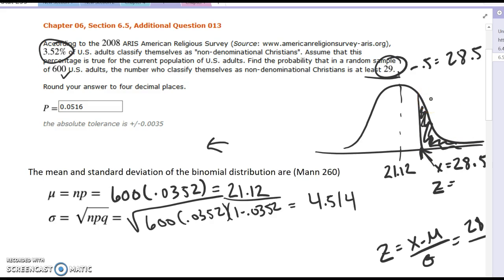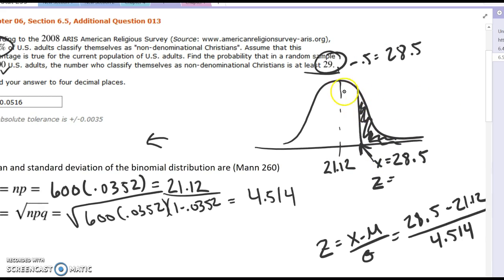So we can go to that normal distribution table. We have to do a little bit of calculating before we get there. If we find this z value, that's going to give us the area to the left of it.